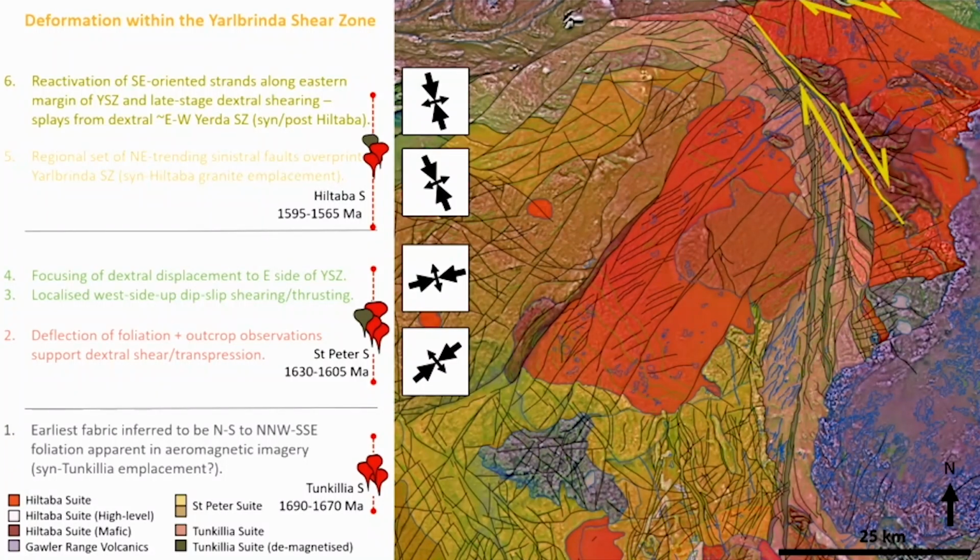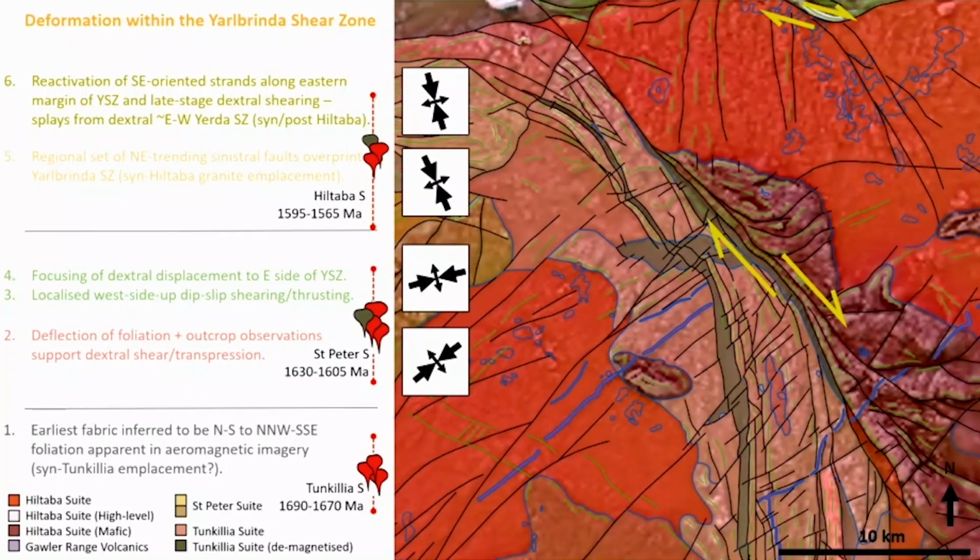Finally, we see a beheading or truncation of those northeast sinistral faults by some southeast oriented dextral shears.